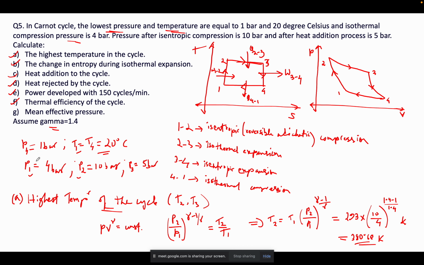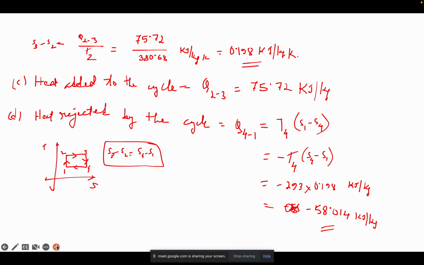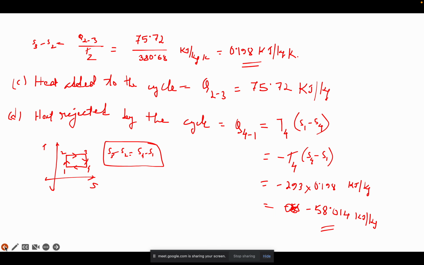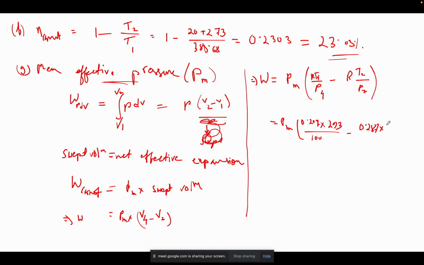P4 is 1 bar, that means 100 kilopascal. And similarly 0.287, and this one is 380.68 if I remember correctly. Yes, 380.68, divided by P2.